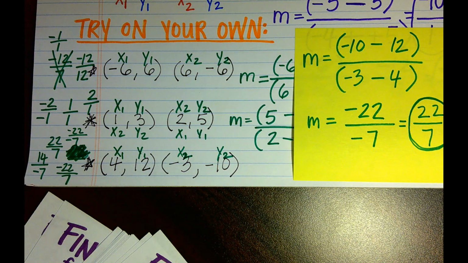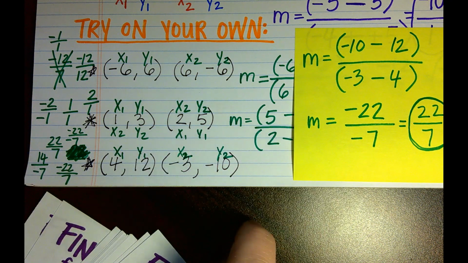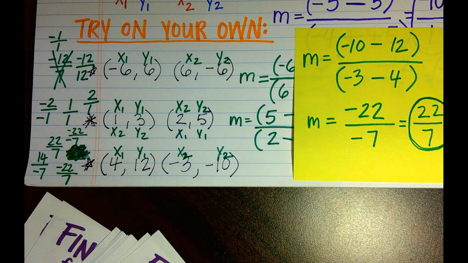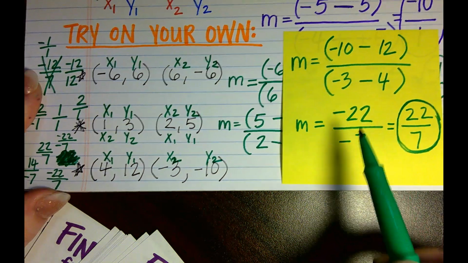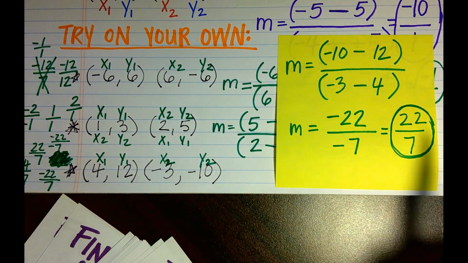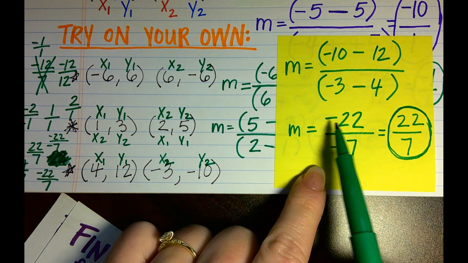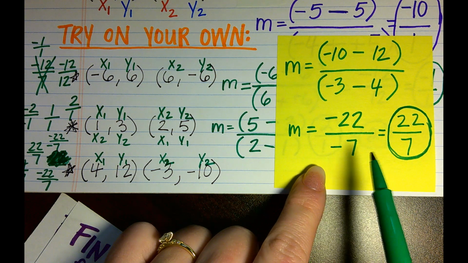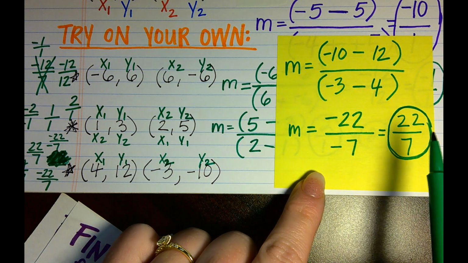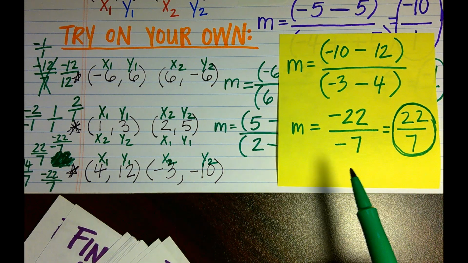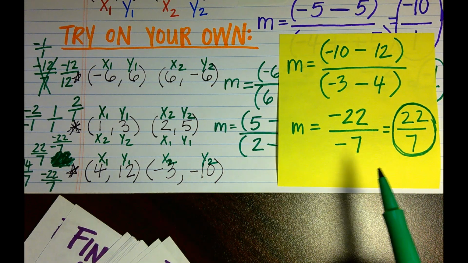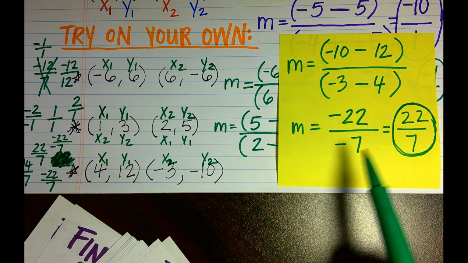Okay. All right. So anytime you have two negatives, you've got to be positive. Yes. Anytime you've got two negatives, they become a positive. Now that is something that in your answers, I do need you guys to recognize. If you have negative 22 over negative 7 as your answer, you'll lose a half point for not knowing that it turns positive.